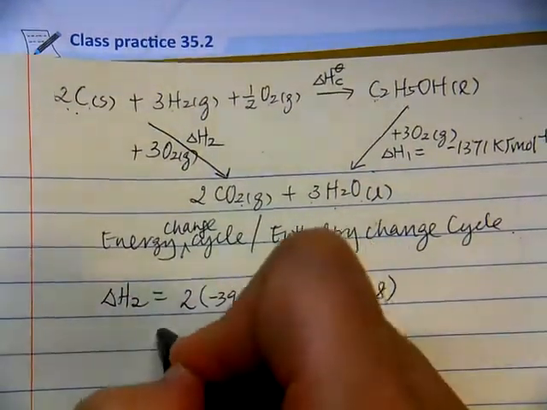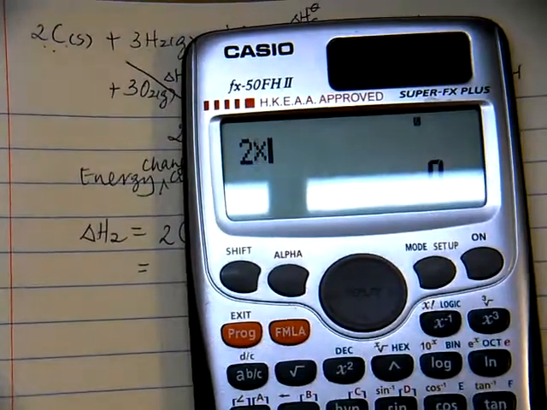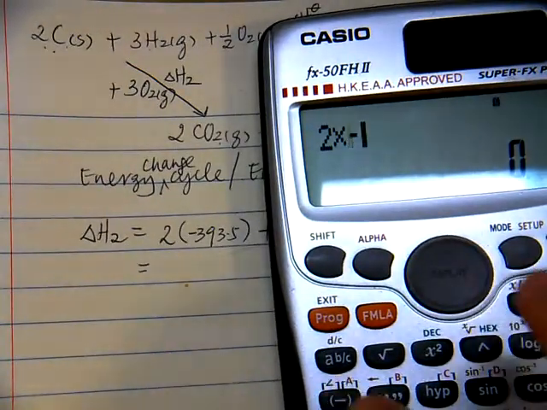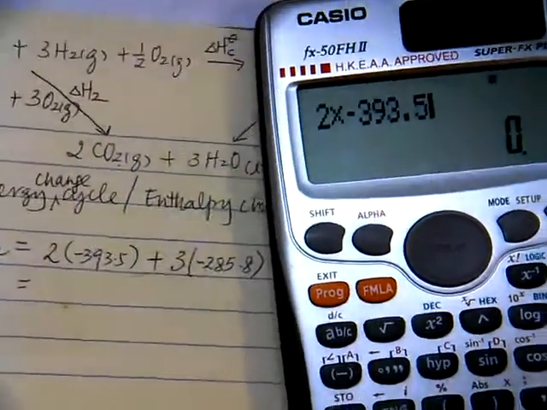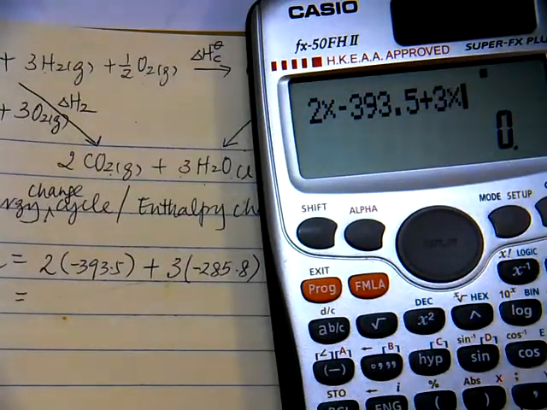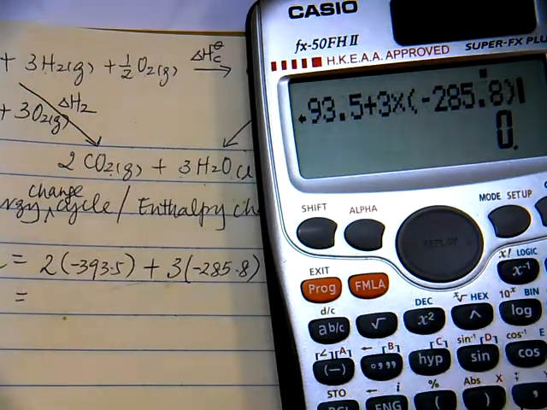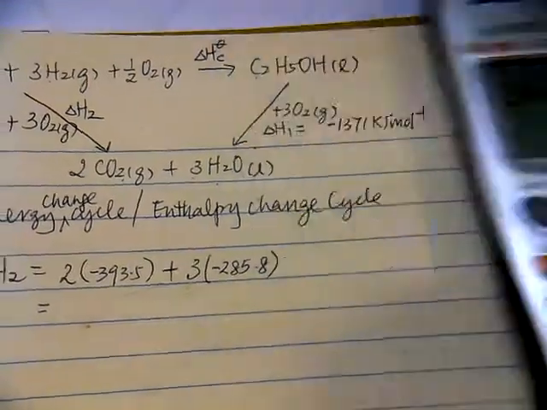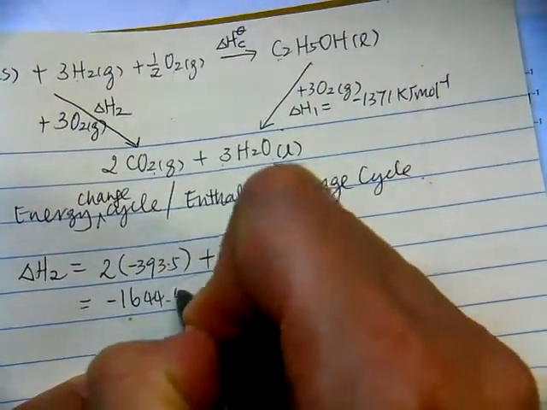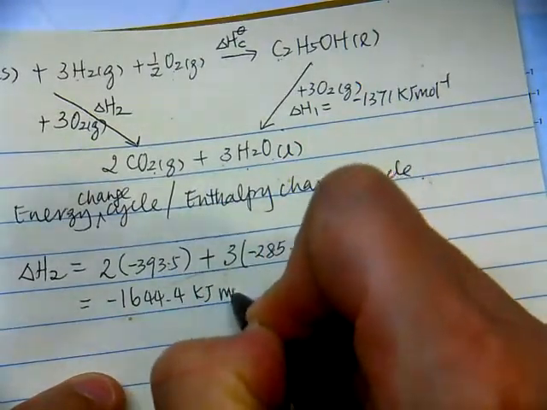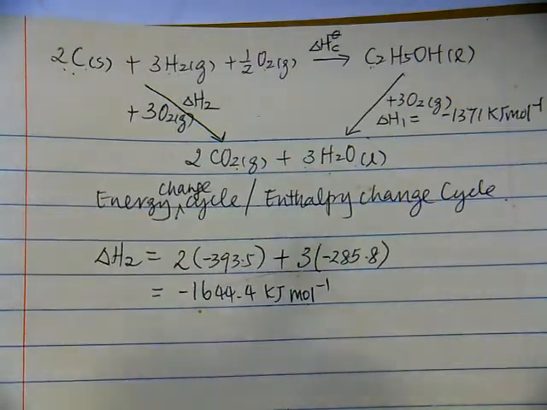Can you follow? Next, use your calculator. 2 times negative 393.5 plus 3 times negative 285.8, which is negative 1644.6 kilojoule per mole. This is delta H2. Do you understand? Can you follow?